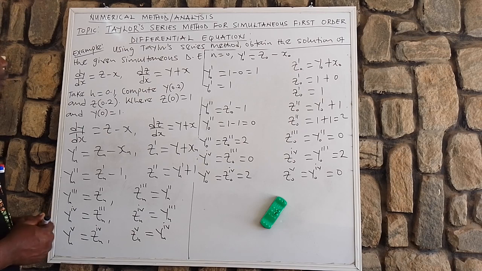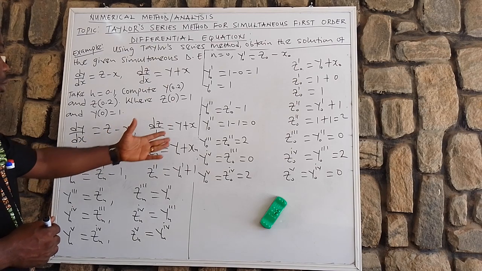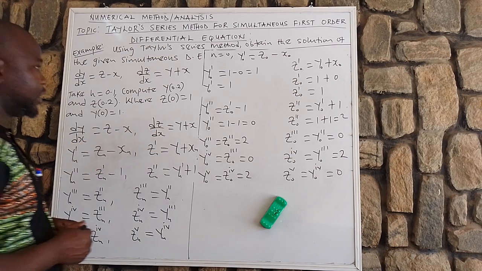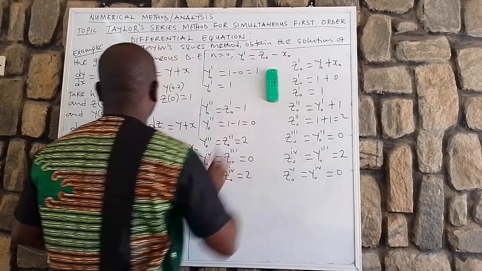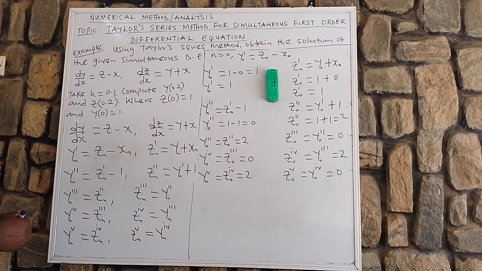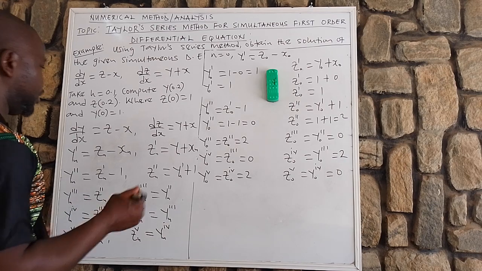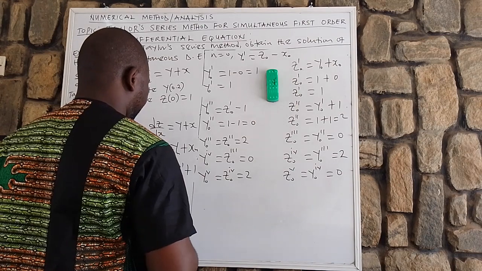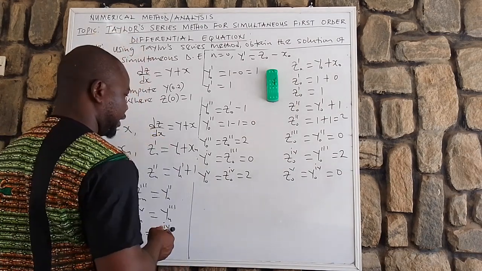Okay. So now we want to look at our Taylor series in the form for y1, isn't it? So let's write out the Taylor series for y and z.